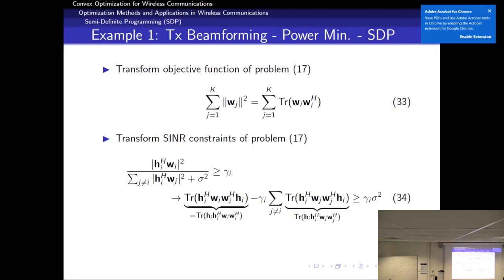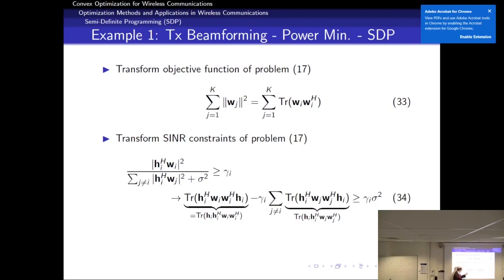And now the next step is, if you have this kind of expression, you can always move your vectors here. This is again a property of the trace. And now I have a matrix function of H and a matrix function of W.